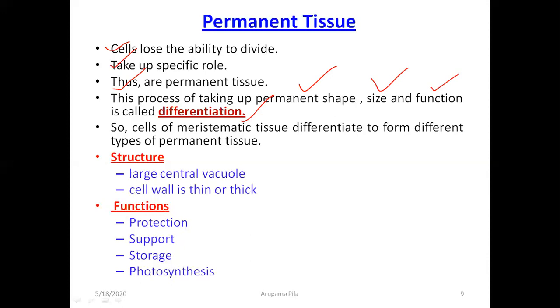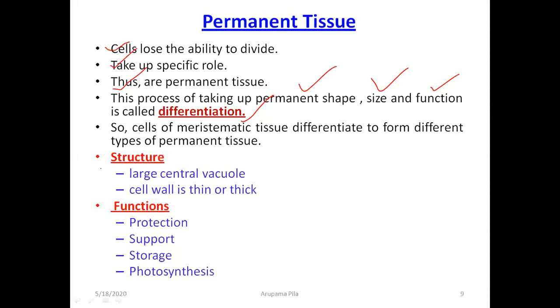So differentiation is the process in which the cells in meristematic tissue, which have already divided, afterwards become mature and take a permanent shape, size and function. This is called differentiation. So we can say that cells of meristematic tissue differentiate to form different types of permanent tissue.